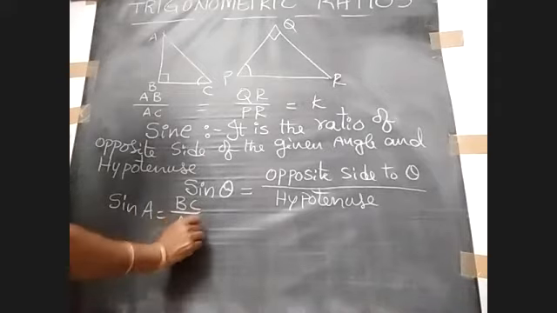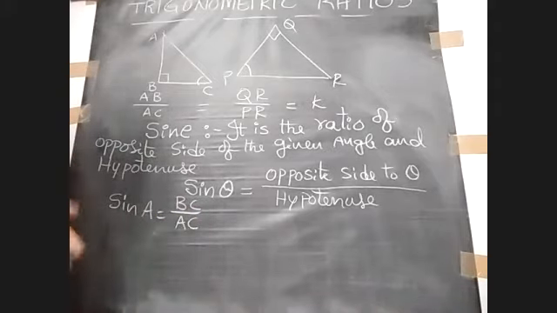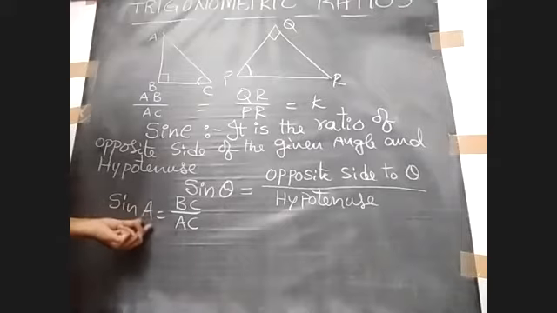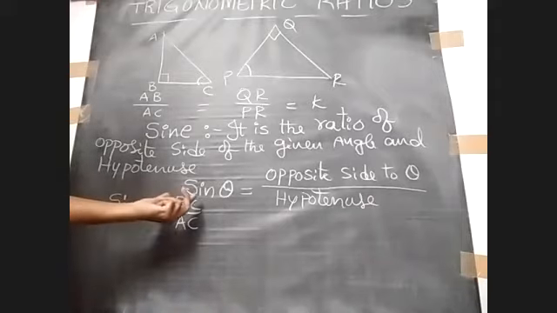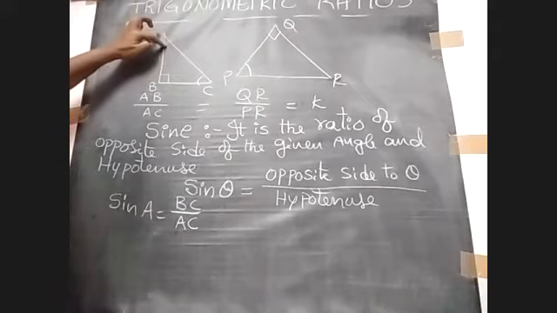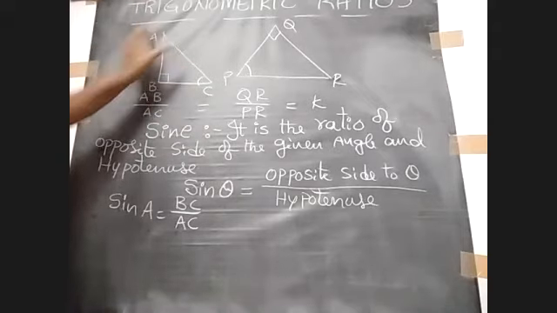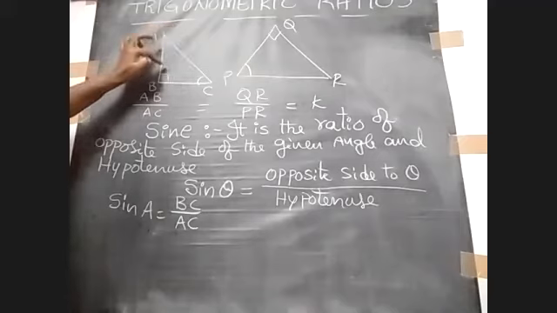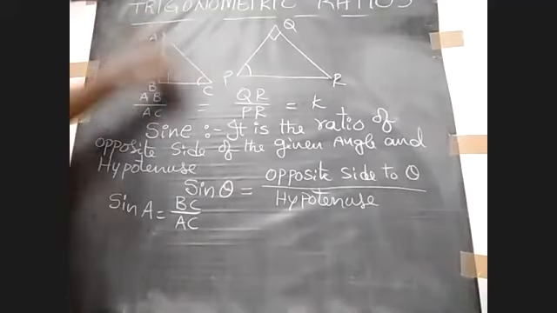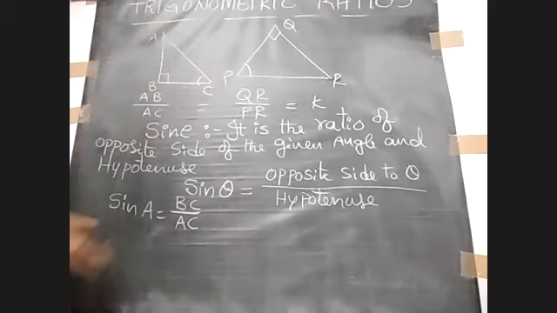Very good. So we have to check what is the opposite side to the given angle. Here the given angle is A. So sine A means opposite side to A. What is the opposite side? BC. And what is the hypotenuse? The side which is opposite the right angle. So BC by AC. Very good. Chaitanya, mute yourself.